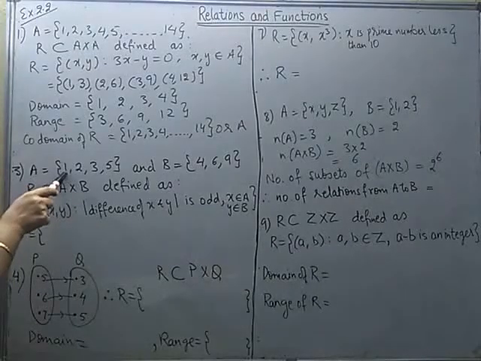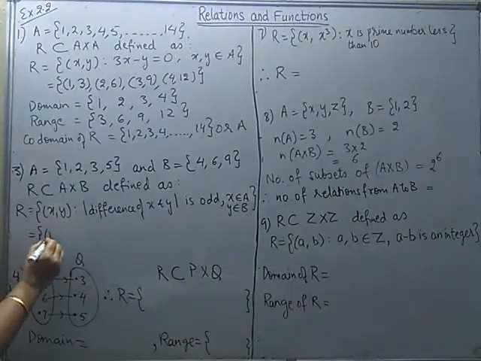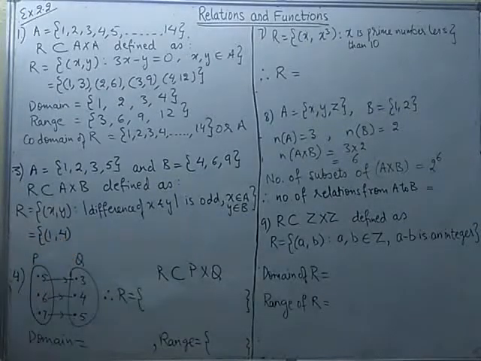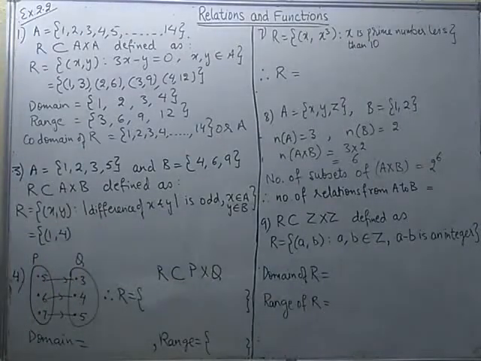Let us see what all 1 can be paired with so that the modulus of the difference comes out to be odd. If I take 1 with 4, then 1 minus 4 will be minus 3. But because I am taking modulus of that, it will be 3 only. Modulus gives us the positive value of each number, whether it is positive or negative.